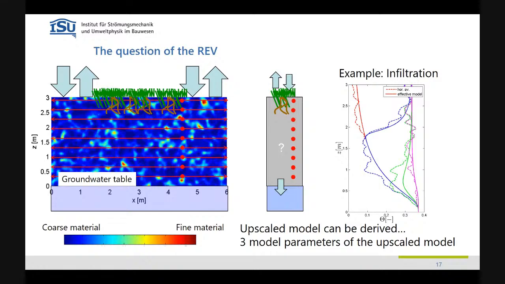So there's the water coming down, it's getting red at the top, and the waterfront's going down, and it's continued to rain, and so the soil gets wetter and wetter from green to pink here. And the solid lines are my upscaled model, my homogeneous one, and the dashed lines are the averaged heterogeneous one. So if I find the parameters, I'm well able to predict.